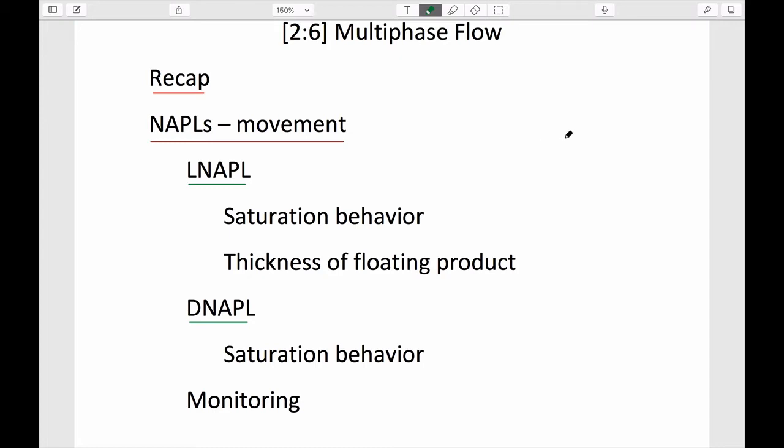We know that for those lighter than water, if we look at the geometry in the subsurface sitting on a water table, we get this chimney, a lens that sits on top of the water.